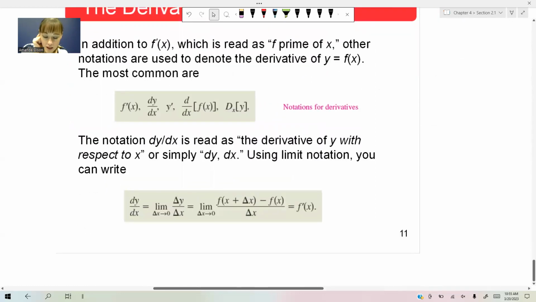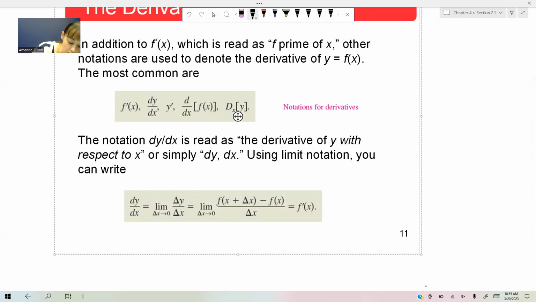We have some other notations for derivatives depending on where you're working. So long story, calculus was developed by two mathematicians, Leibniz and Newton, and communication wasn't instantaneous like it is today. It was slow. So you have one person developing calculus, another person developing calculus, and they were maybe rivals.